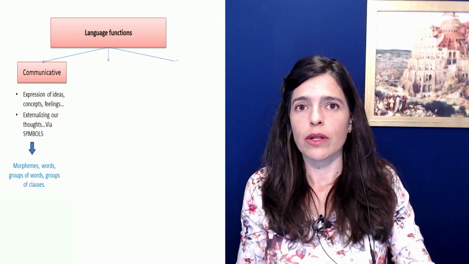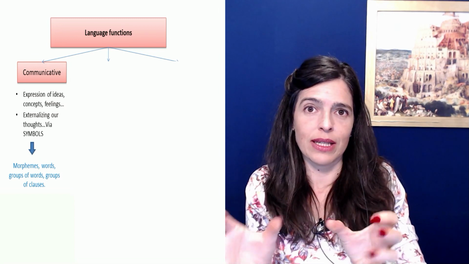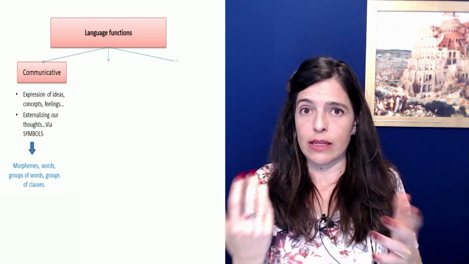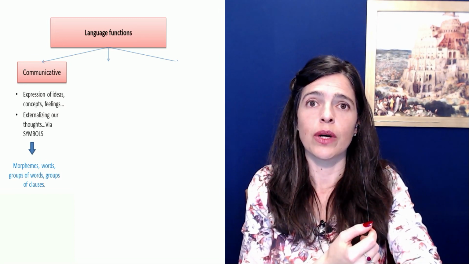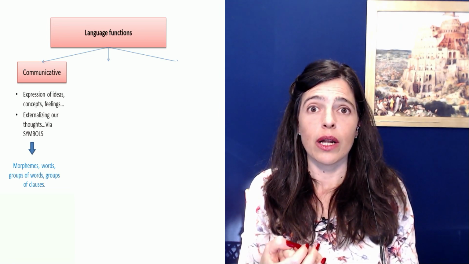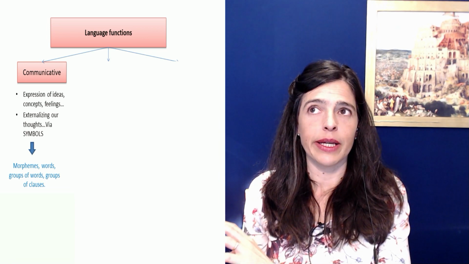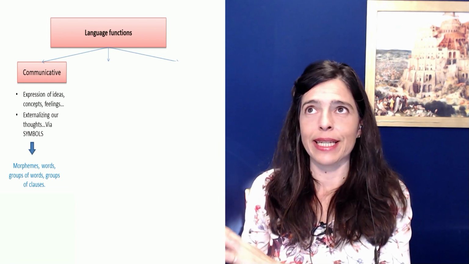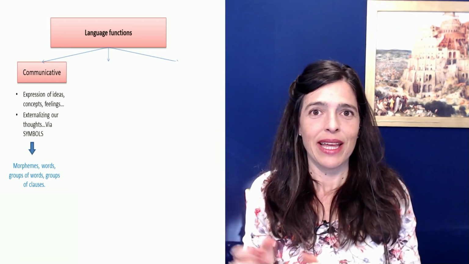Then we have groups of clauses, so mini sentences within sentences, and sentences. So, for example, if I tell you, the man who worked at the flower shop loved the lady who worked at the bakery, or whatever.